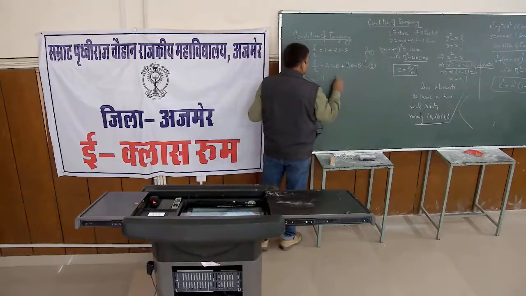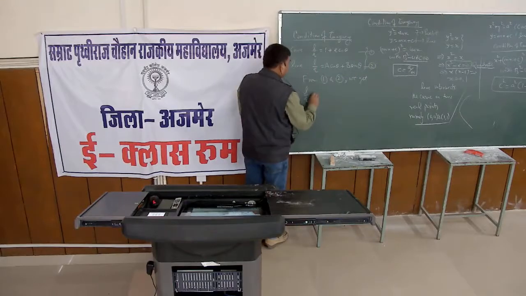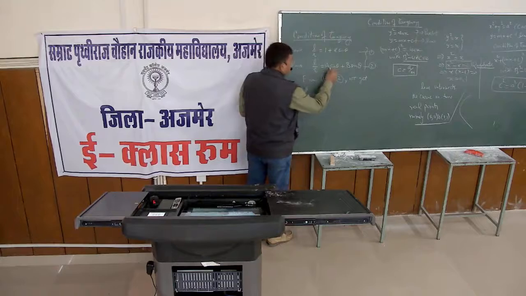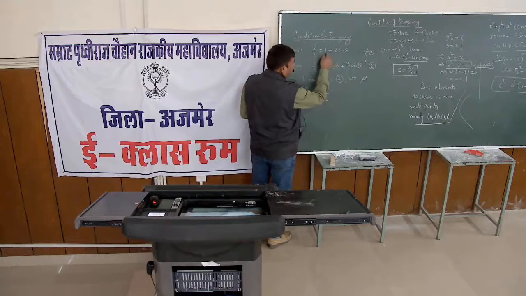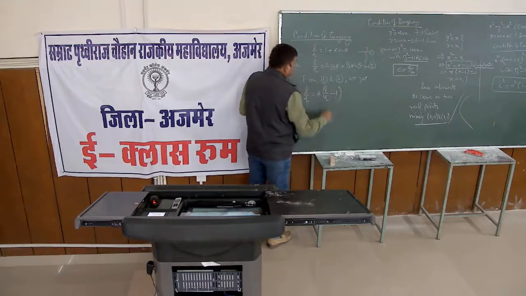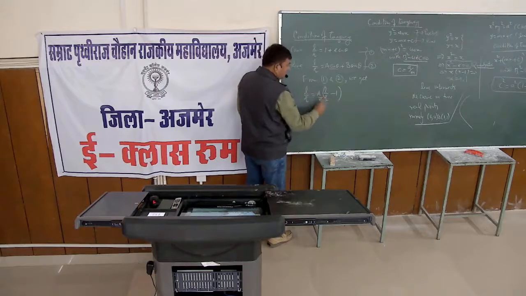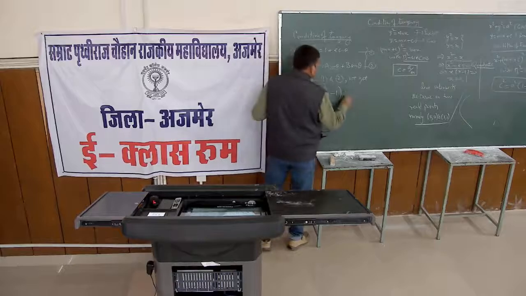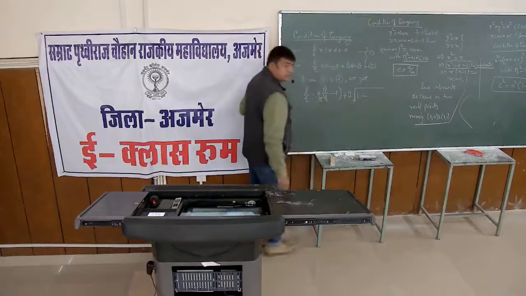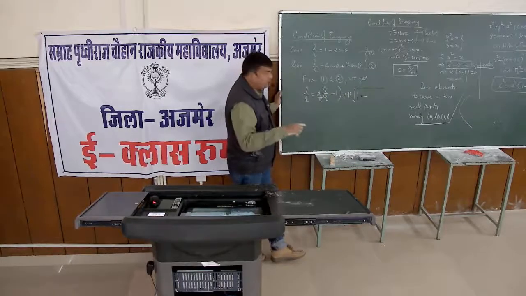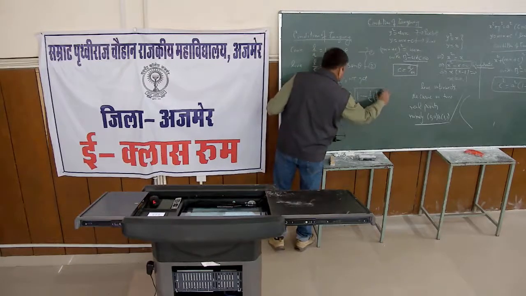From first and second we get L upon r equals A times the value of cos theta from this, that is (L upon r minus 1) upon e, plus B sin theta, that is under root 1 minus cos square theta. So the value of cos, that is 1 by e (L by r minus 1).